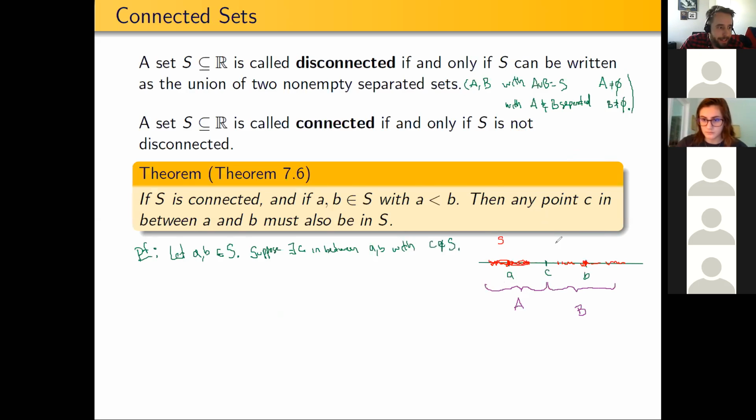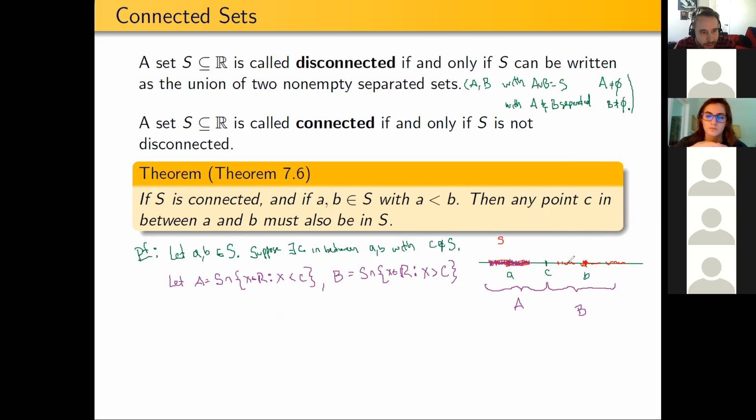I'm going to claim that if I define that correctly, so I'll do that now: let A equal the original set S intersect the set of all X in R such that X is less than C. Similarly, I will let B be S intersect the set of all X in R such that X is greater than C. My set A is not everything to the left of C, it's just those elements of S that are to the left of C. So it's really these points up here.